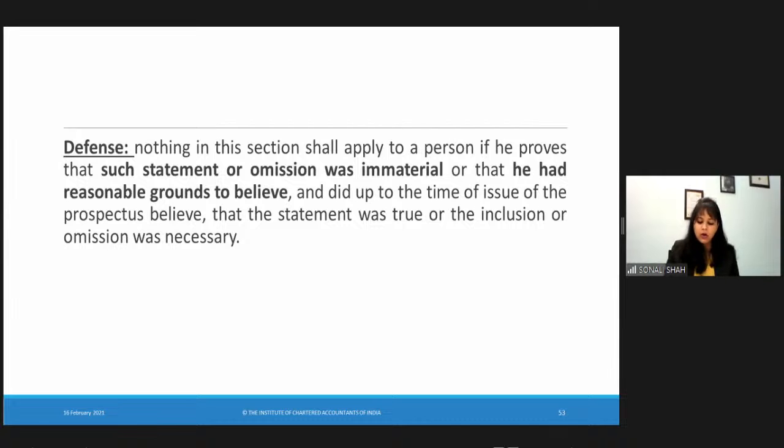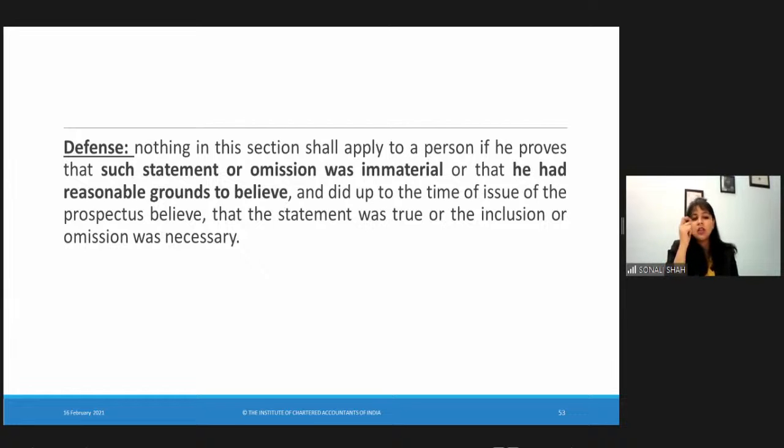When we talk about liability, what will be the defense that will be available to the people? So the person who has been affixed with the liability, civil or criminal, sorry, I'm talking about criminal liability here. What is the defense that is available to him?